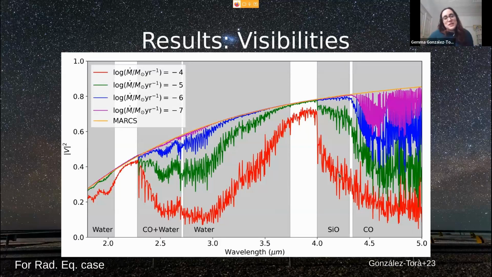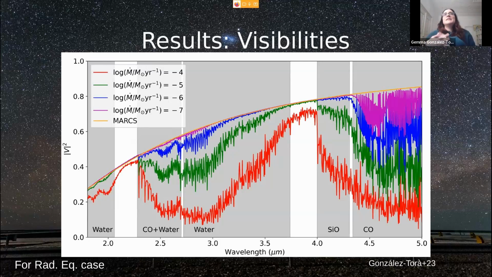In yellow, again, is the MARCS model, where there are no features at all, because the MARCS model is not extended. But as we increase our mass loss rate, so we are extending the atmosphere, we already see extension, especially in the CO. You can see that the lines get more prominent, and especially in the L band, you can see a lot of things happening.